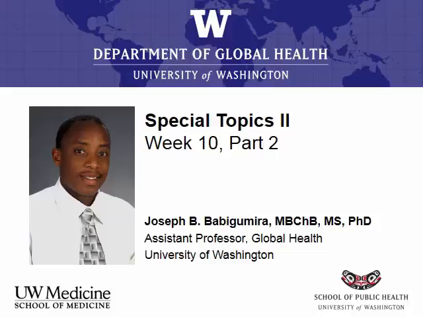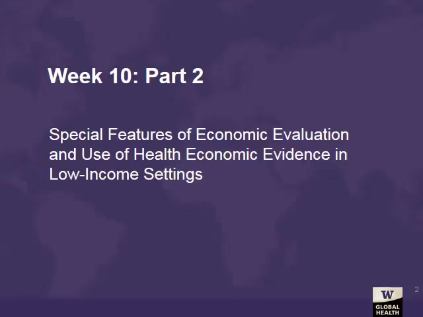In discussing the special features of economic evaluation in low income settings, I wanted to start off by saying that there's been a rapid increase in the number of economic evaluation studies in low income countries in the last 10 years. And this number is likely to increase because there's greater capacity, more people can actually do the studies, and also there's increasing interest.